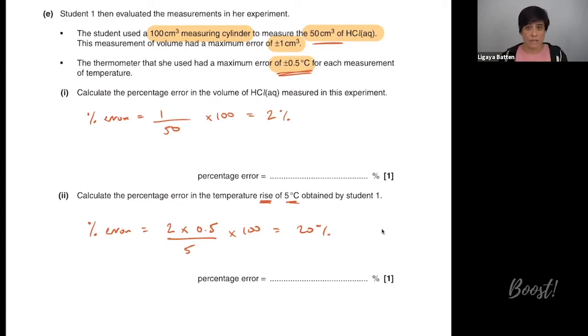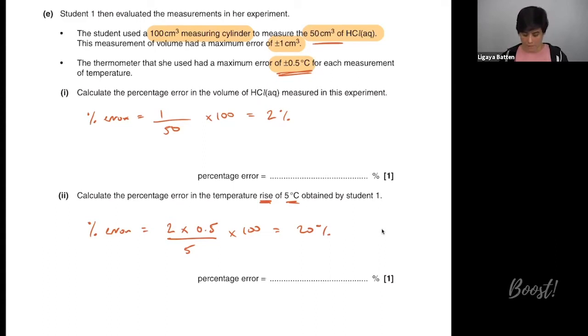The second reason why we've got a larger error in the temperature change is because, as we saw in the calculation, we needed to times the error by 2 because we were using that piece of apparatus twice to measure our temperature change. So that's going to have actually had twice the effect on that small value of 5 degrees centigrade that we were trying to measure.